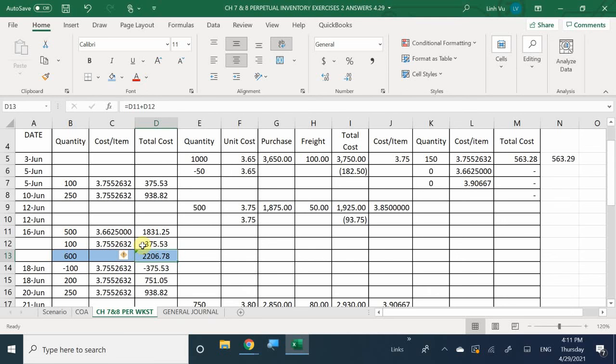Because it's rounding up by that half of a penny, that's where it threw off our inventory on hand, because once again, we also have to remember that the matching principle must hold into place.